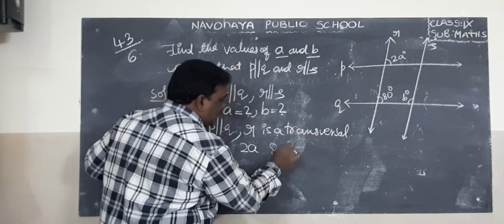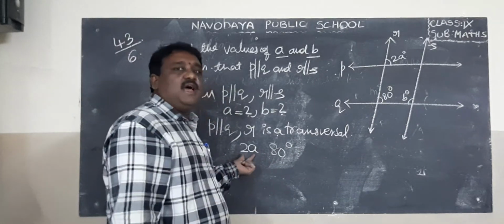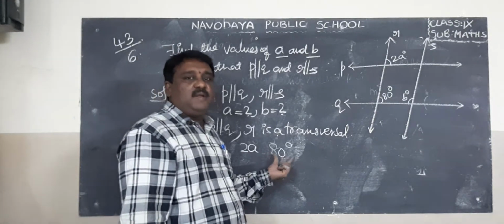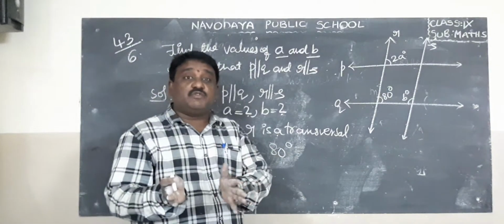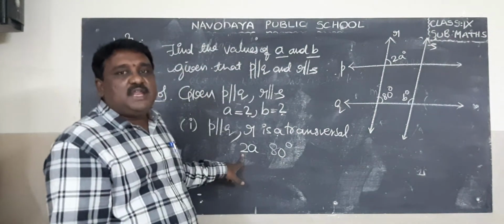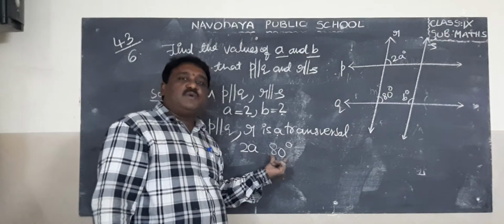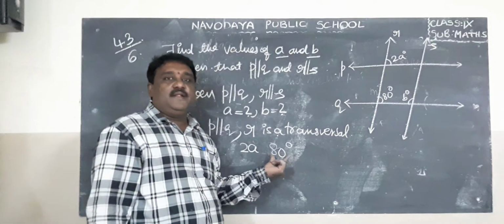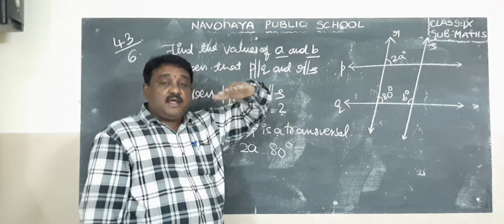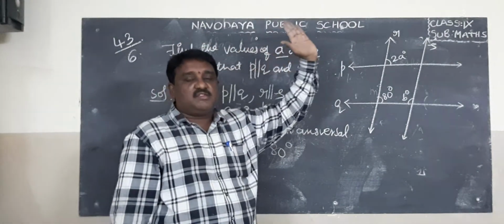It is 80 degrees. 2a is an angle belonging to the transversal, and 80 is an angle belonging to the transversal. Then observe, what type of angles are they? 2a is an exterior angle. 80 is an interior angle. One angle is exterior, the other angle is interior, and they lie on the same side of the transversal.